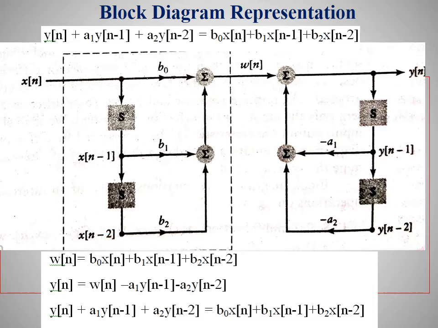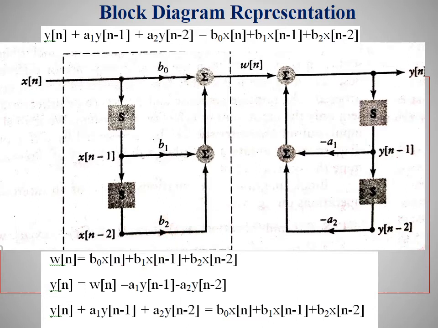Once x of n minus 1 and x of n minus 2 are generated, the next step is in multiplying with the respective constants b1 and b2 respectively. So we consider x of n minus 1 and we multiply it with b1. Similarly, we consider x of n minus 2 and we multiply it with b2.